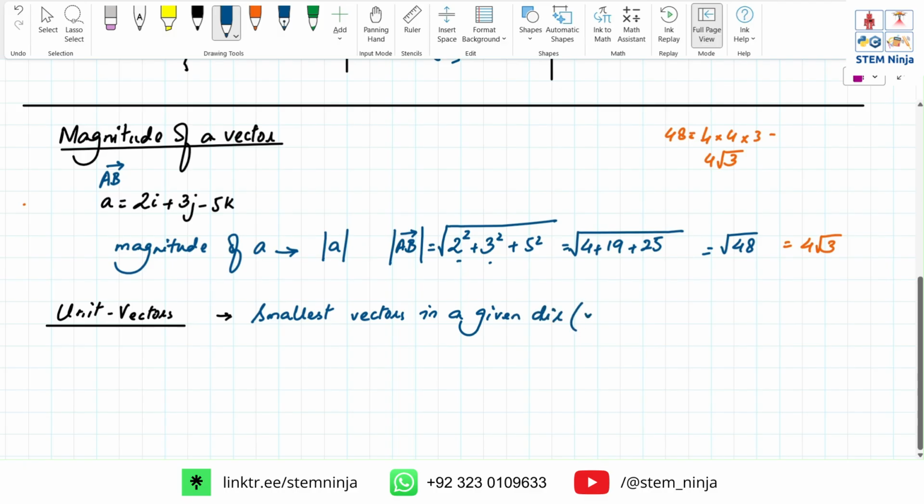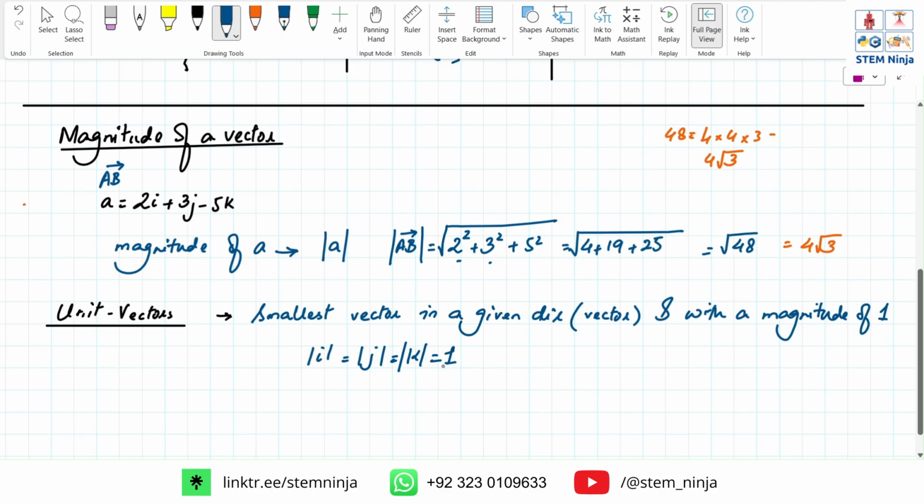Basically the direction would also be a vector. So the smallest vector in a given direction with a magnitude of 1. So basically the magnitude of i, magnitude of j, magnitude of k are 1.